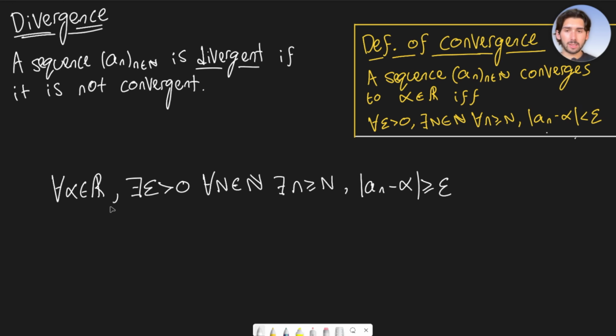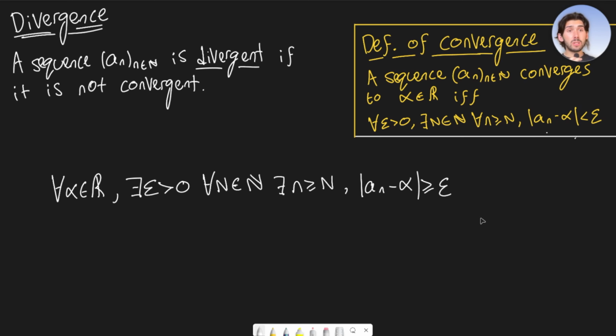Now, you can have a look at this statement and think about why it might be true, or try and visualize it, maybe draw a picture, like how we've previously drawn a diagram of a sequence converging, with alpha, alpha plus epsilon and alpha minus epsilon. You can try to draw a similar picture here to understand it. But when we do an example, hopefully this will make a bit more sense.